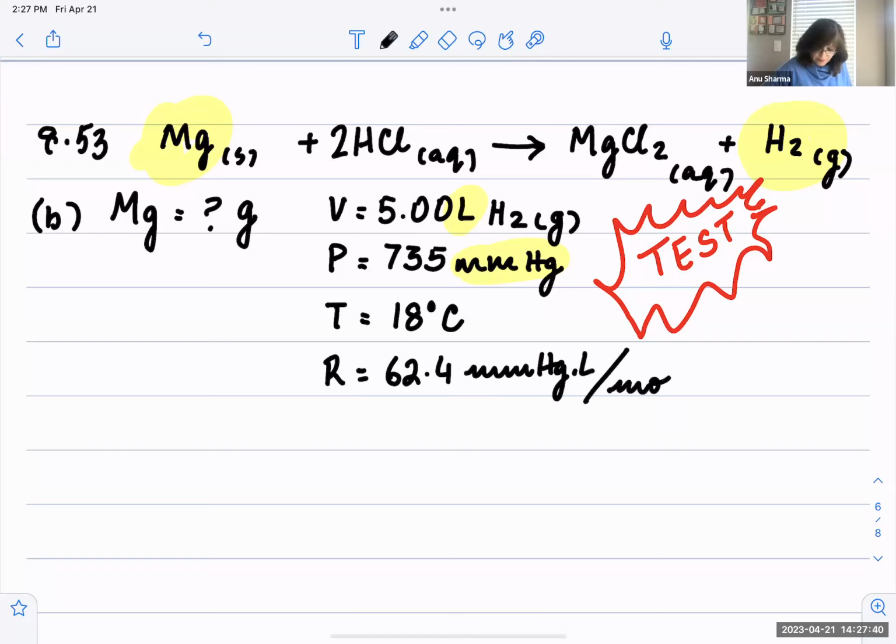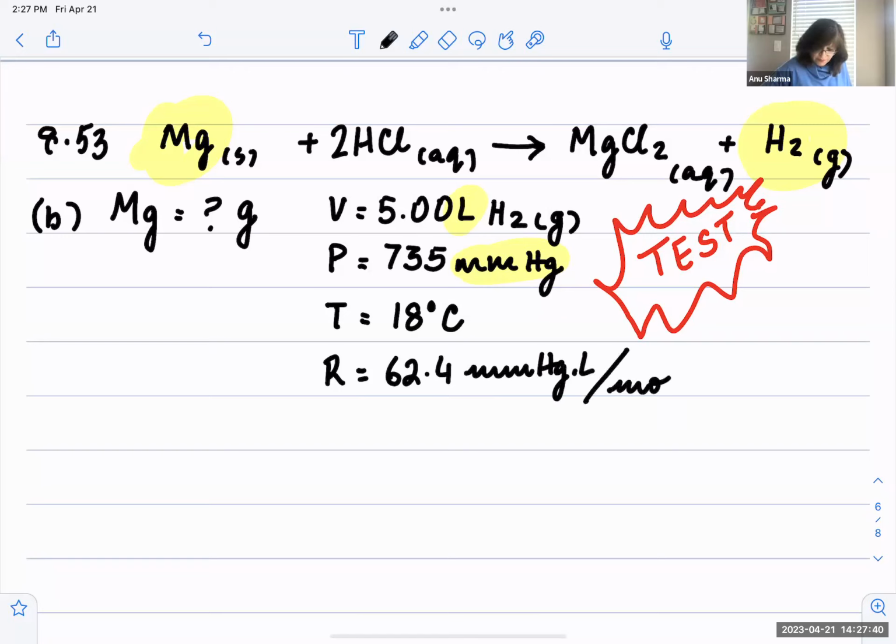If not, in my class, you will have this information on the handout, on the table. So anytime the pressure is in millimeters of mercury, you use 62.4. If the pressure is in ATM, then you use the other value, which is 0.08206 liters atmosphere per mole K. Okay, so that's the value of R you take out.